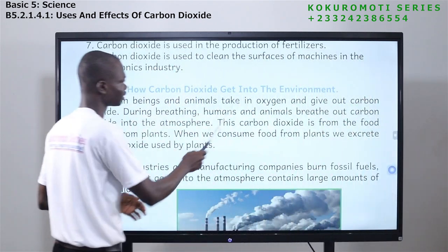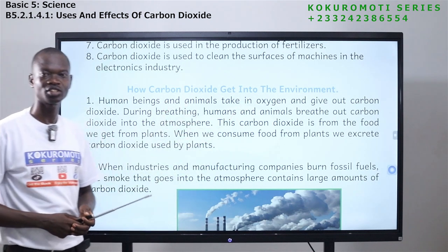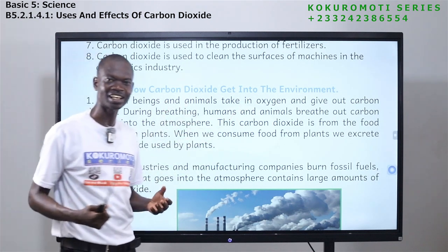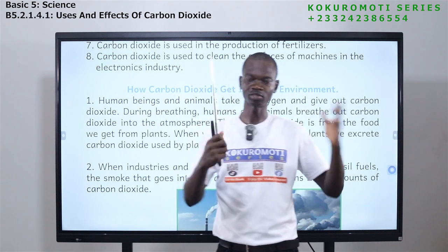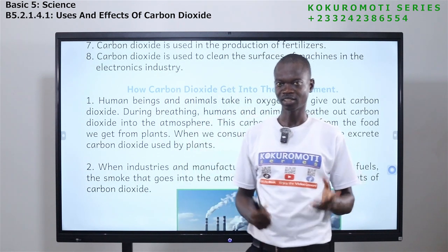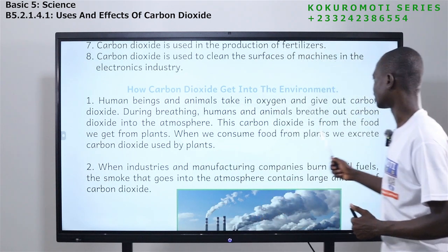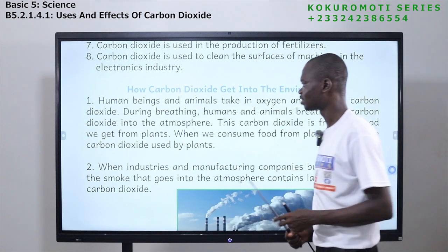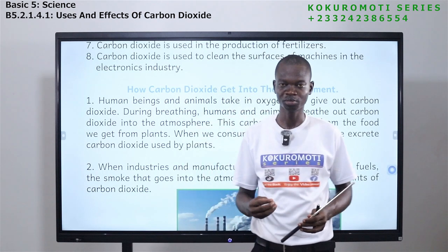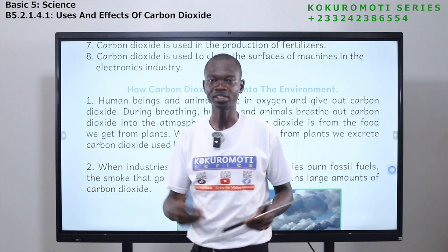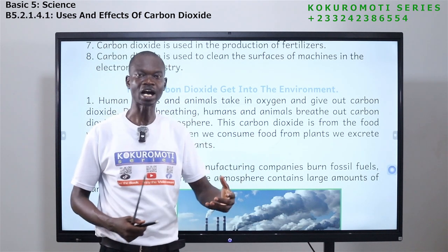How carbon dioxide gets into the atmosphere or the environment. So carbon dioxide, how are they able to get into the environment? Let's look at it. Human beings and animals take in oxygen and give out carbon dioxide. So we also play a major role when it comes to ways in which carbon dioxide goes into the atmosphere, because we breathe out.